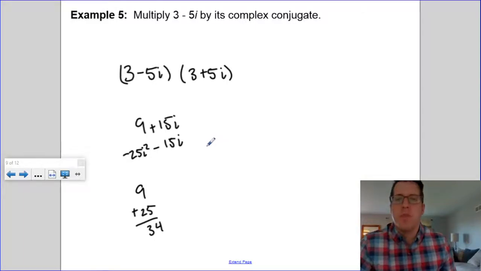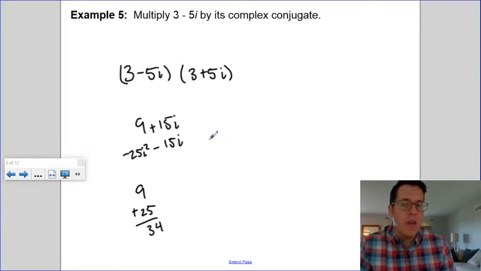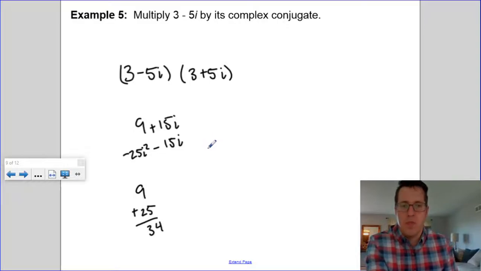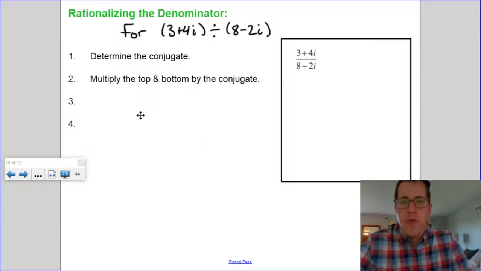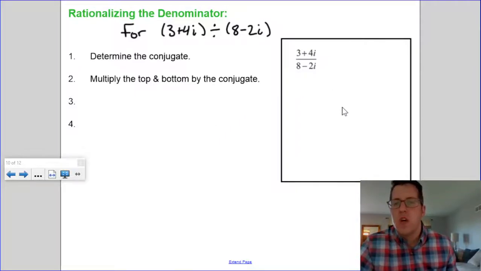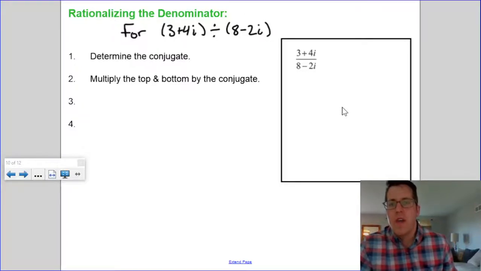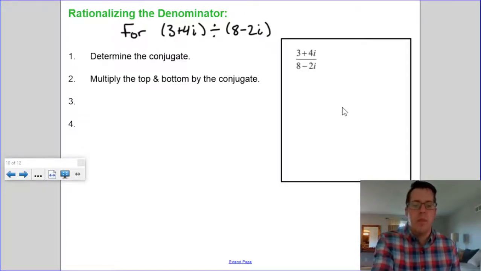So when you multiply a number by its complex conjugate, the imaginary parts go away, and you are left with a pure real number. It's for that reason that our first two steps to rationalizing a denominator is to determine the conjugate and then to multiply the top and bottom by that conjugate.